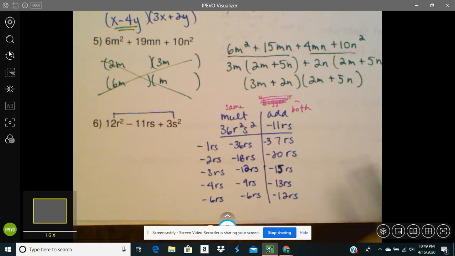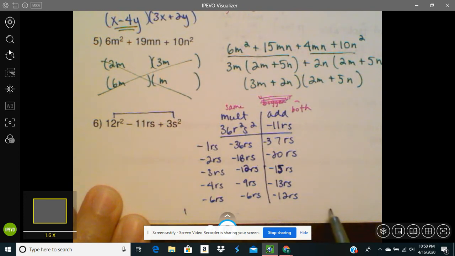Is there anything left? I could go to 7, but remember whenever you did this in 6th grade, you would say 1 times 36, 2 times 18, 3 times 12, 4 times 9, 6 times 6.